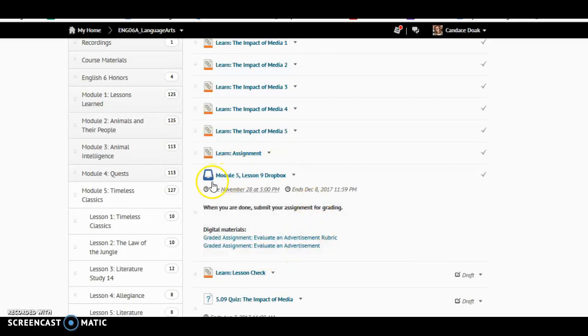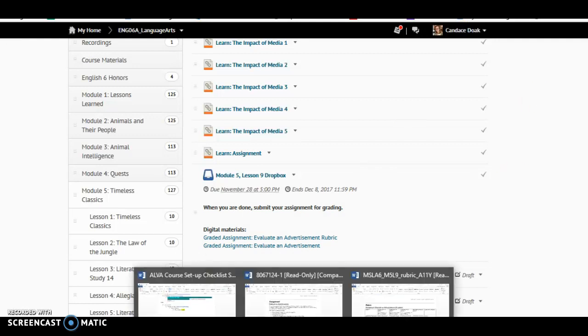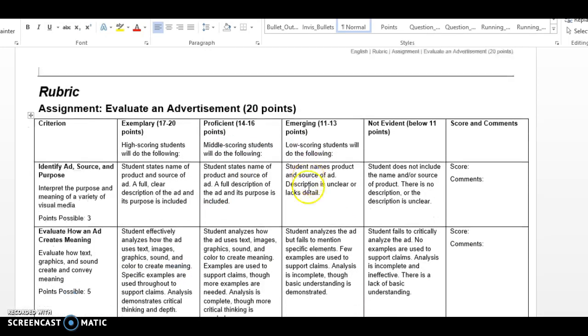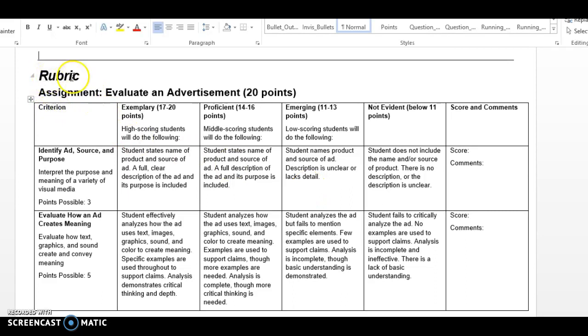Once you open up the rubric and the advertisement assignment, you'll see these things. So this is the rubric. Remember, we look in the first column because that's how you get the perfect score. The first thing says, identify ad source and purpose. So interpret the purpose and meaning of a variety of visual media.